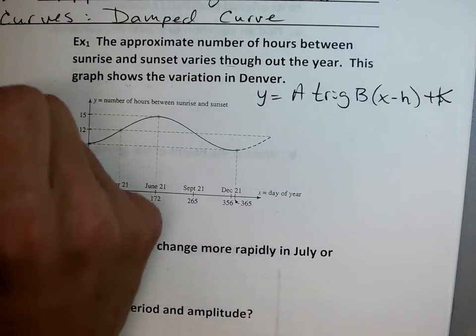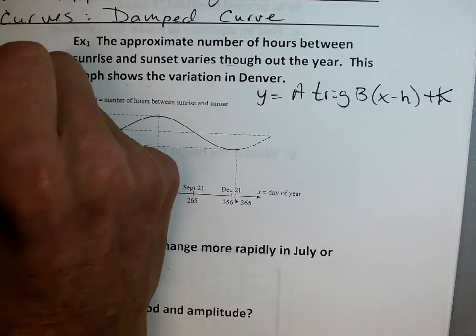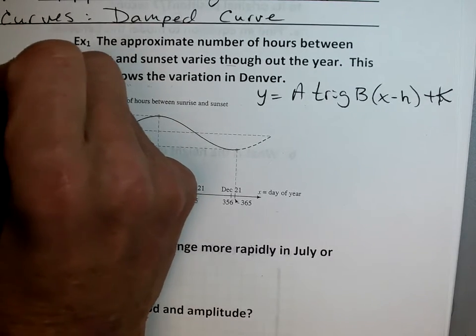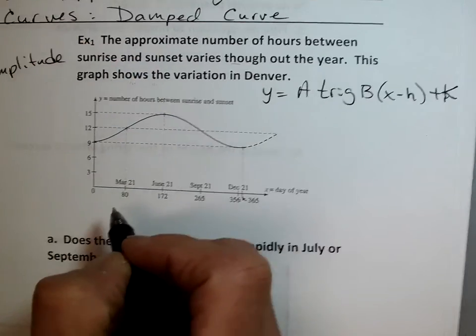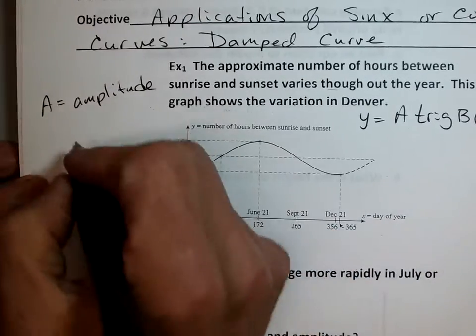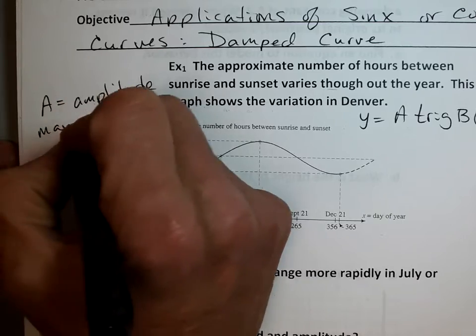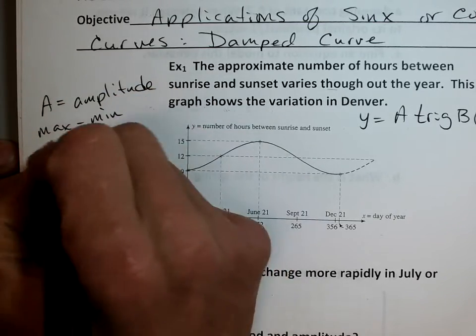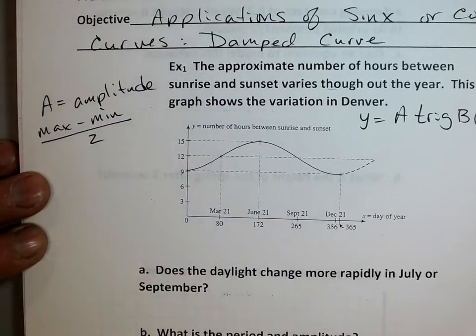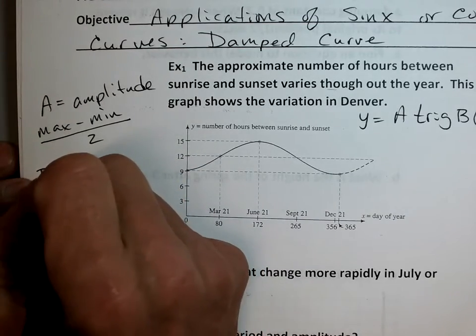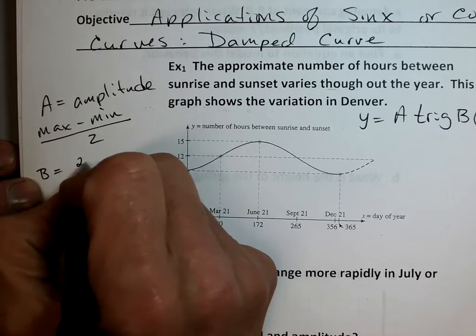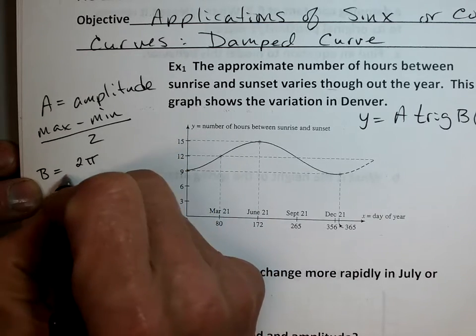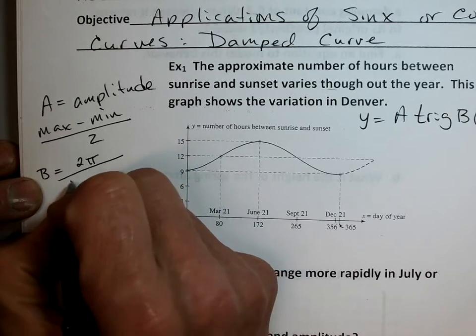I know A is the amplitude, and if you can't figure out what the amplitude is, it's the max minus the min divided by 2. B is the frequency, and B is 2 pi divided by the curve width.